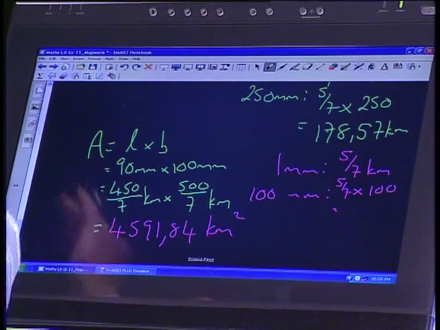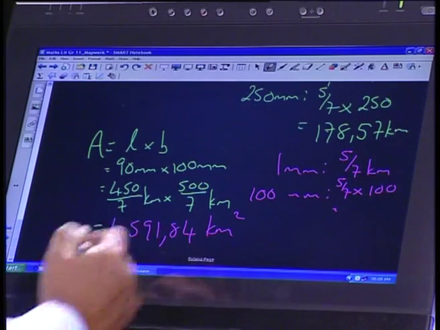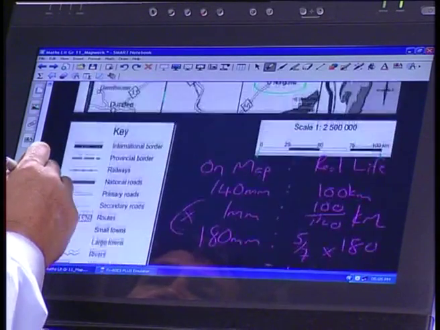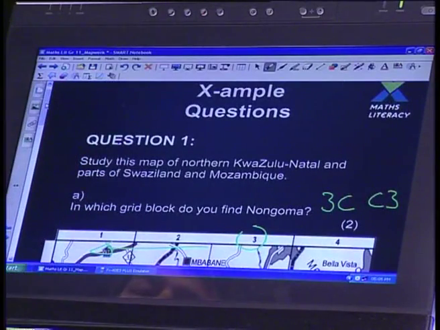Now, if you remember from our previous sessions, when we were talking all about perimeters and areas and volumes, you will know perimeter would be kilometers, area, kilometers squared, and volume would be kilometers cubed. We're dealing with area, kilometers squared. Okay, so one block represents 4,591.84 kilometers squared.